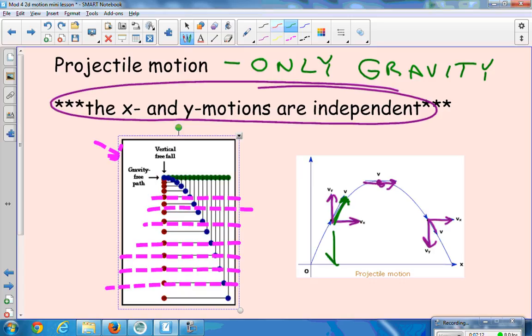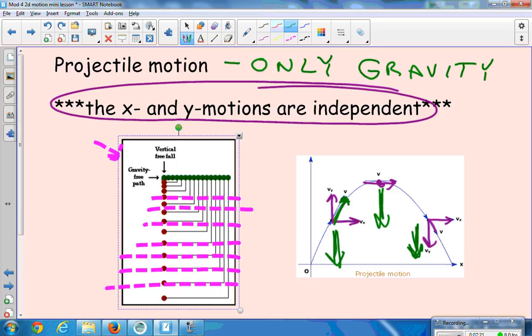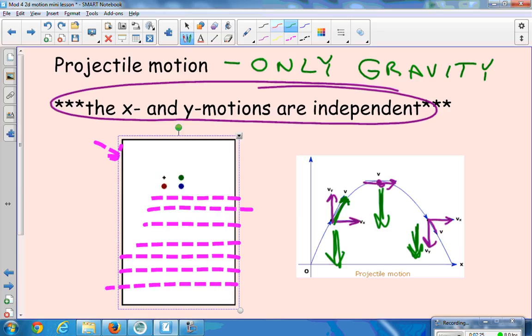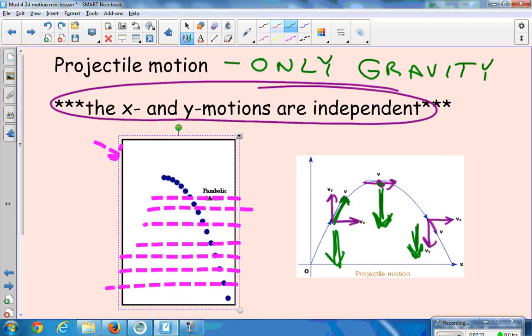Gravity is down here, and it's still down here, and still down here. Does it change? No, it pulls the same. Officially, maybe slightly less as it's higher, but let's ignore that. It's a very minor effect. Gravity is always down, even though right at the top, it's neither rising nor falling. Gravity's still pulling on it.